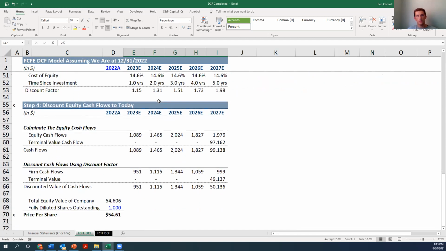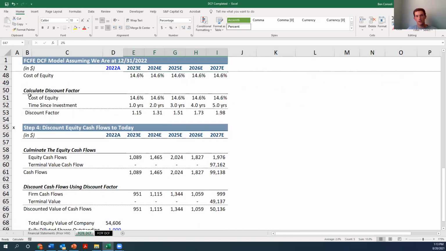To go from the cost of equity to the discount factor, you have to take into consideration how many years into the investment you are. A cash flow that occurs in year 2023 compared to a cash flow that occurs in year 2024 has a different discount factor, because the discount rate compounds.